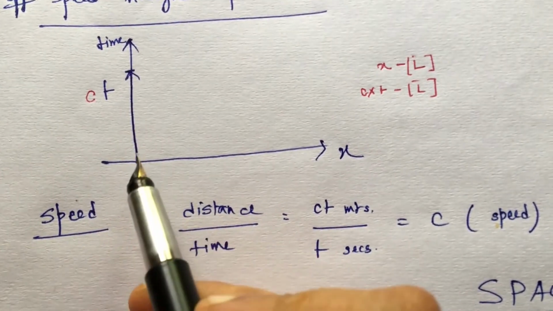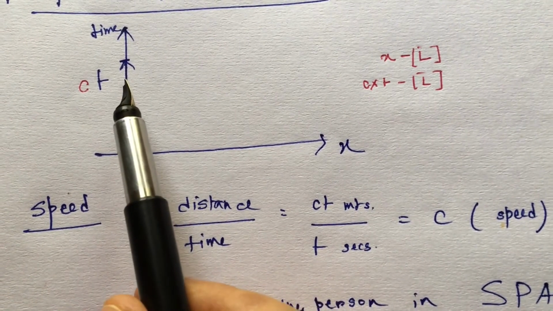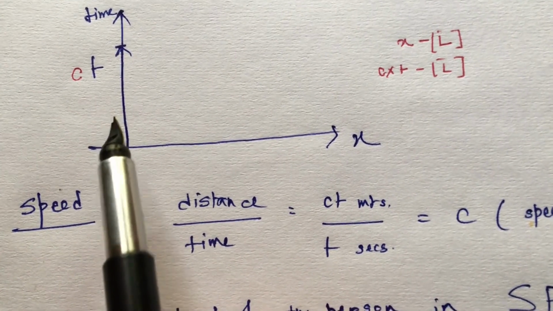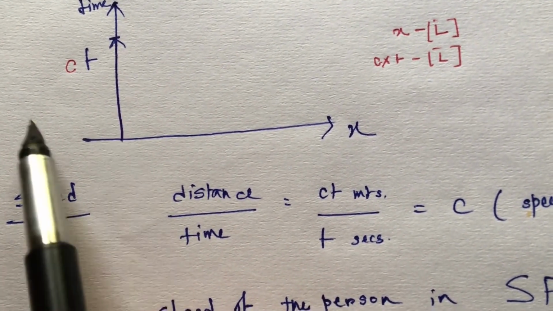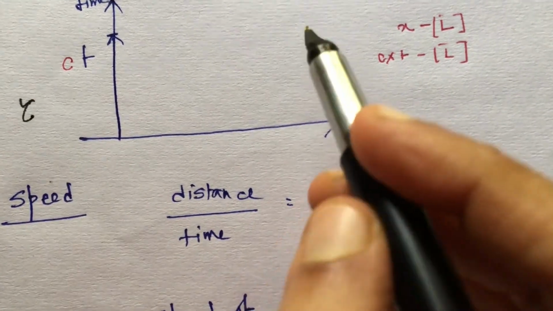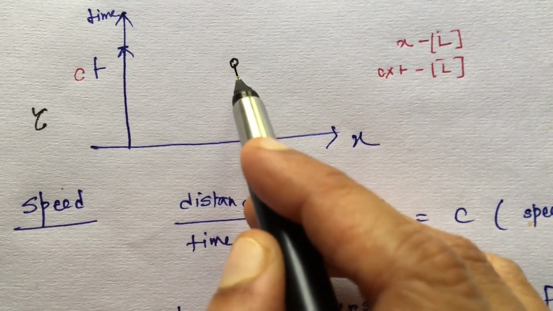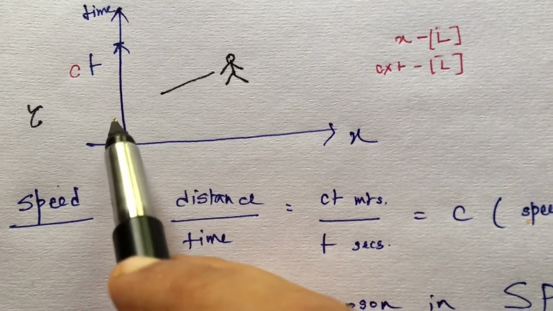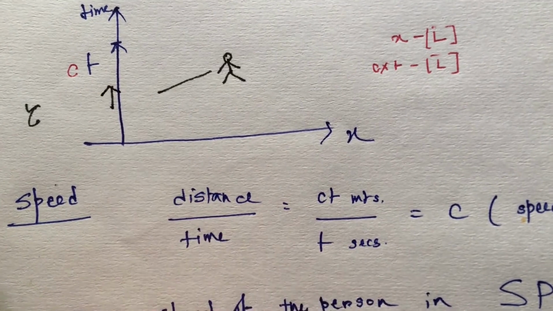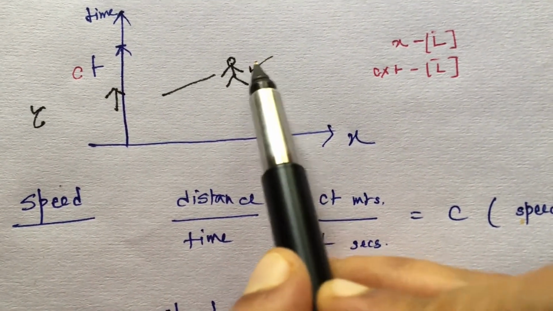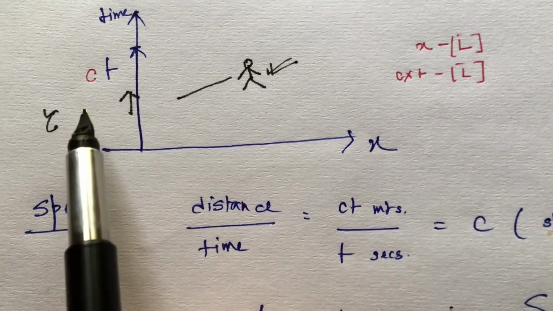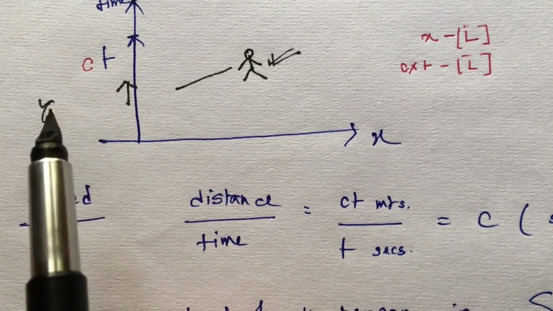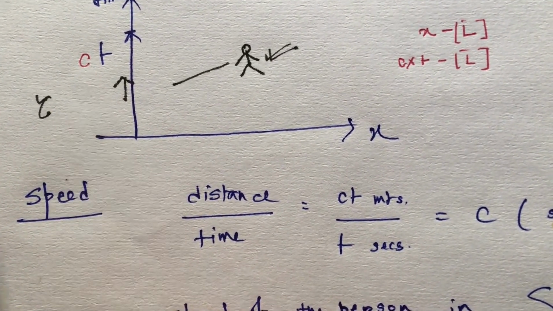For me, as I am traveling along this time axis, I am holding a clock in my hand, and the time measured in my clock should be equal to tau. If someone is standing here and he is observing me, I am traveling with the speed c. So for this person, this clock will be slower, rather the slowest, because it is moving with a speed c.